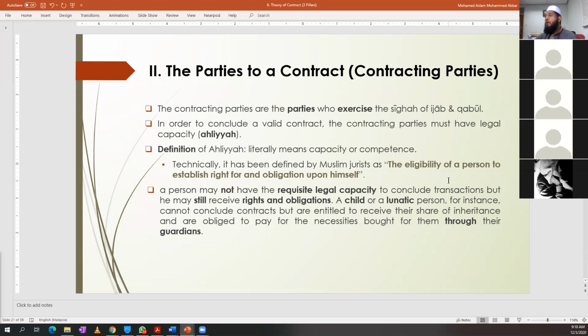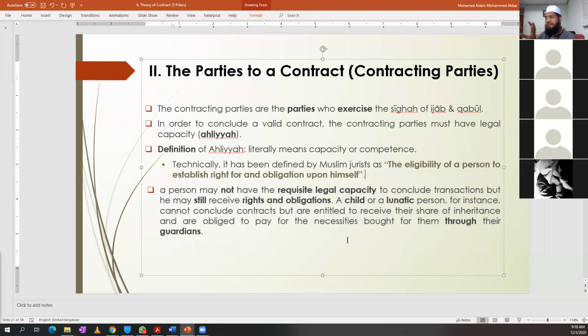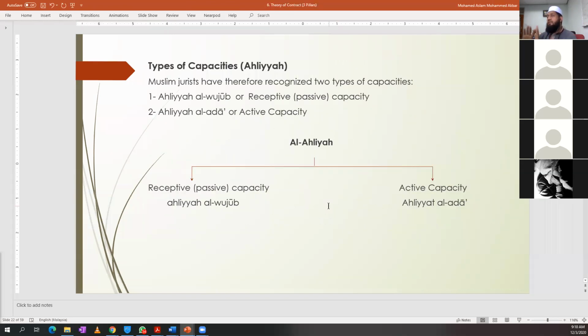At the same time, he is also obliged to do something. This is what we call capacity technically. I will come back to the next sentence. I don't want to read this one right now, because sometimes it will make you confused. This is what I've been telling you. All right, it is clear.